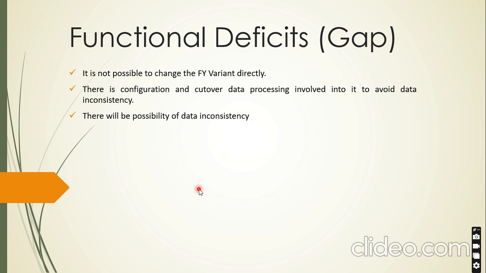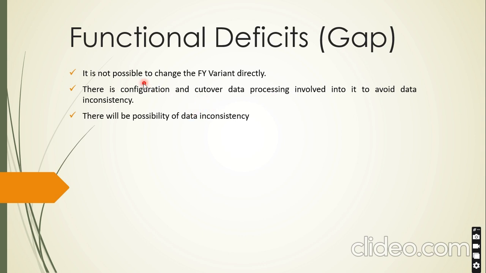Functional deficits and gaps. While doing this activity, you can't change the fiscal year variant directly. First we need to perform the configuration changes for a shortened fiscal year, then create the new fiscal year variant and assign it. There are configuration changes, and cutover data processing is involved to avoid data inconsistency.